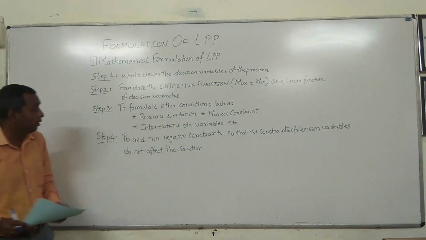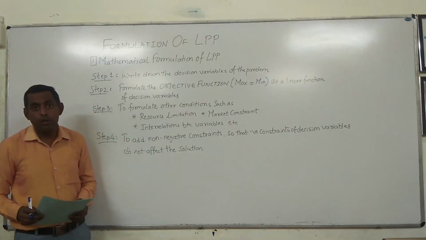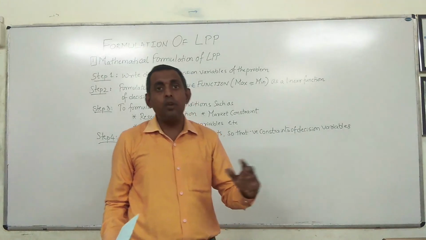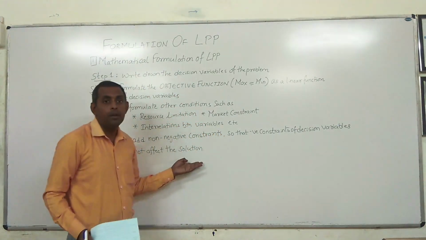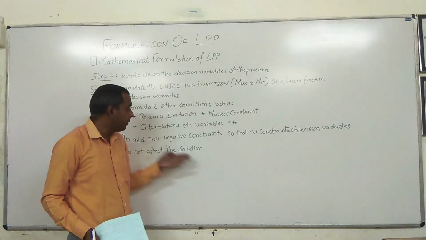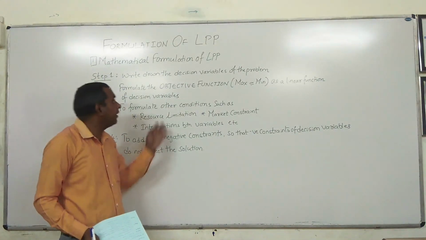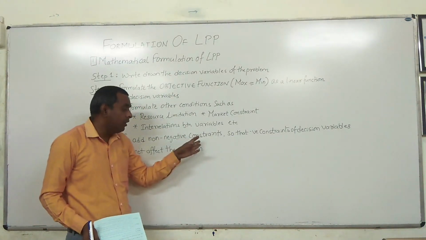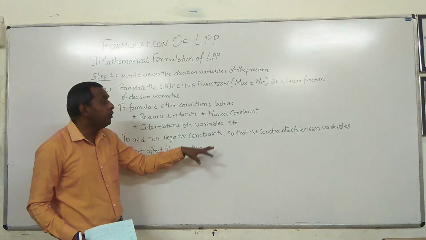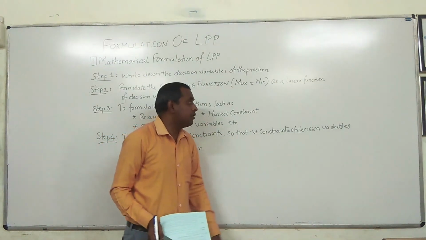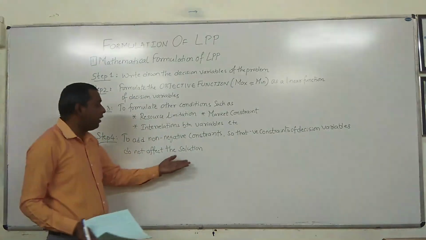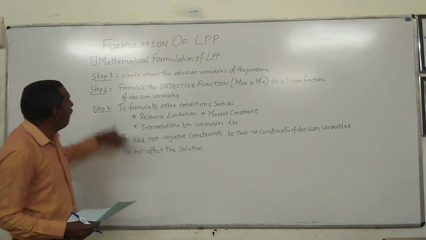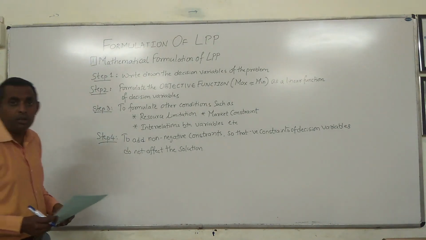Let me explain this one. There are some constraints that are negative, and in further results they are going to affect the solution. That's why in the mathematical formulation of LPP, adding non-negative constraints is very important, so that these negative values of decision variables should not affect the solution. So these are the 4 steps of the mathematical formulation of LPP.